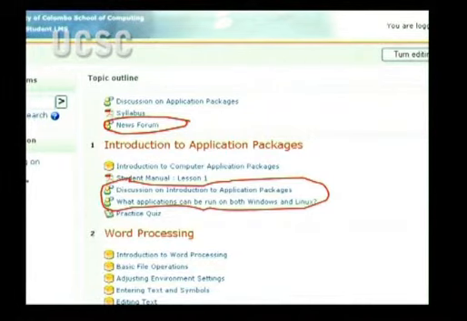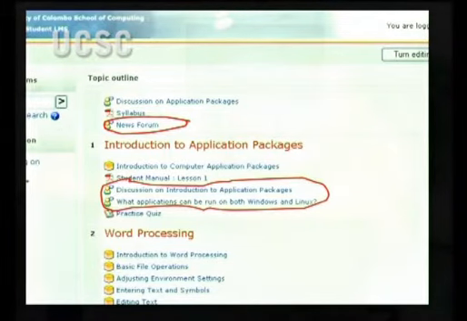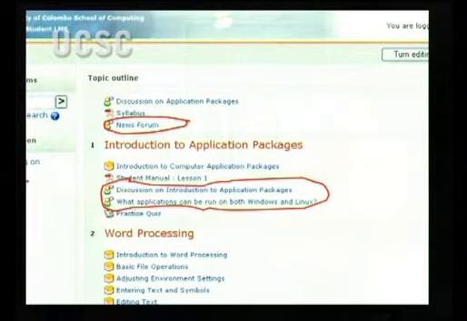Yes, there are forums for each of the sections in this course. That's right. For the introduction and for the word processing section, those forums are for the discussion of the relevant subject content, that means sections.